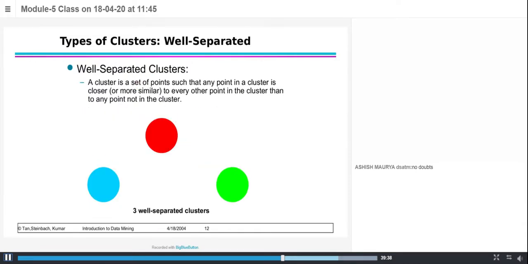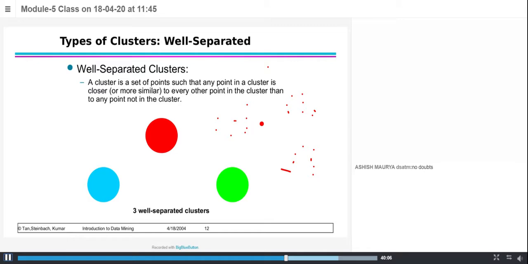See here, whatever the points present in this, these are all objects. If this set of points in a cluster are closer to each and every point, see, if this point and this point are closer to each other, this point and this point are closer to each other, but this point and that point are not at all closer to each other.